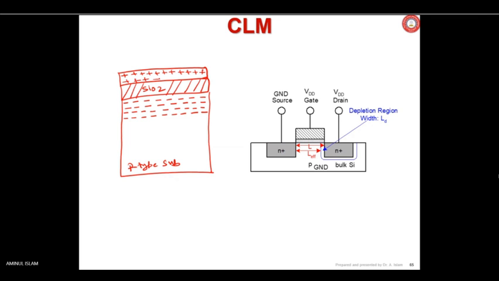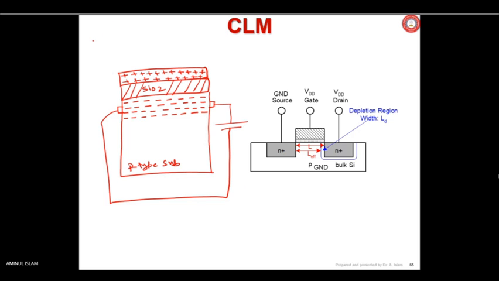This is our discussion. And I have shown that to flow current from one side to another, I made a connection on this side, connected a wire and then a supply voltage like this.